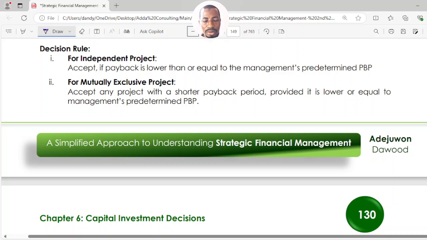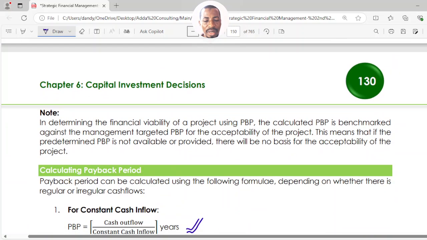All right. So at this point, for the acceptability of the project, the calculated payback period is not benchmarked against the project useful life. All right. You don't compare the calculated payback period with the useful life of a project.